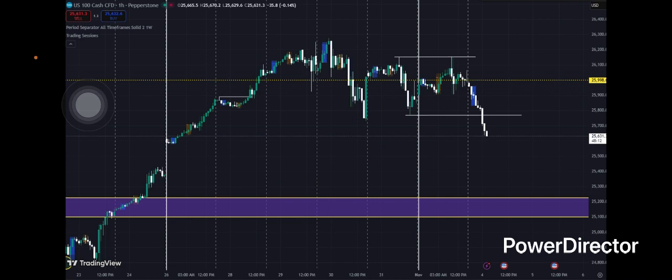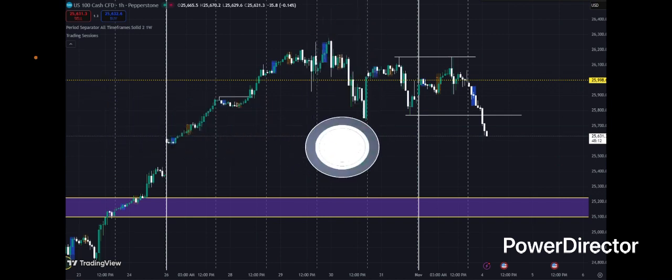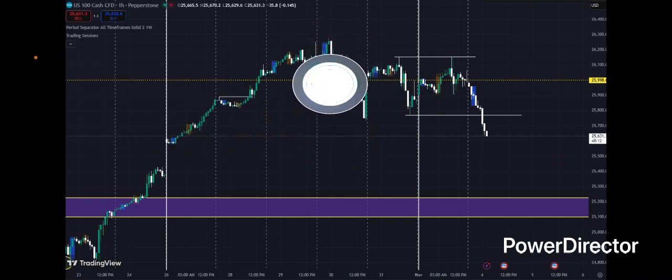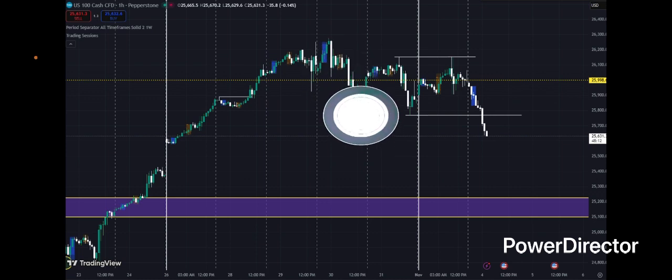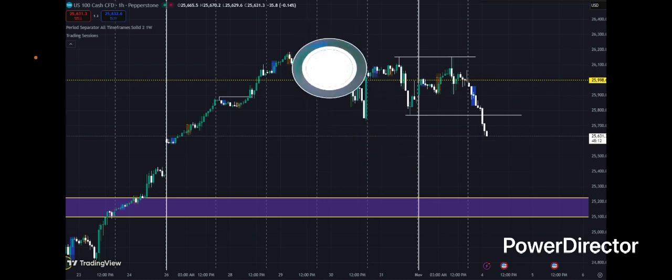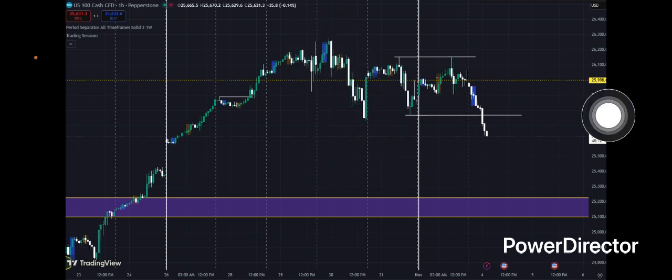So here we're looking at an hourly chart on the NAS just so we can see the overall structure of the market, right? You can see we've been very bullish. And then when we get to this Thursday, we have sort of a first red day close, but I classify this as an outside day.